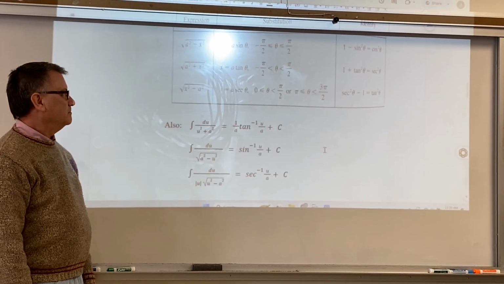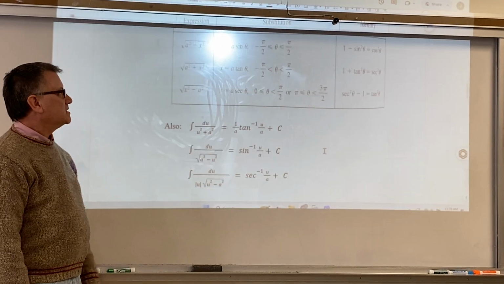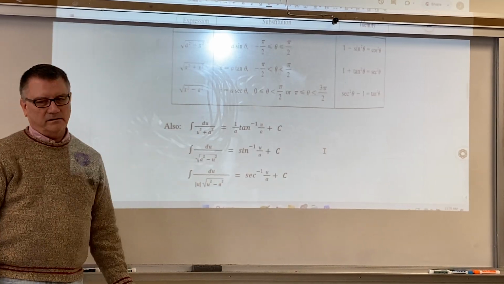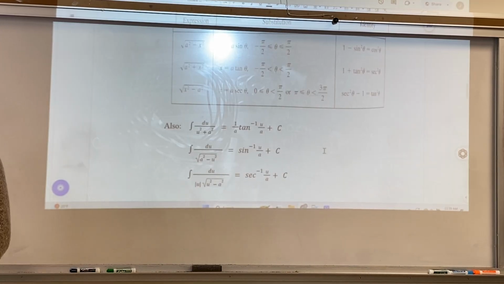It's not worth my time. Sometimes playing with these, they kind of sink in after a while. But I'm going to present them to you. And they are Pythagorean theorem based because you've got two things being squared.